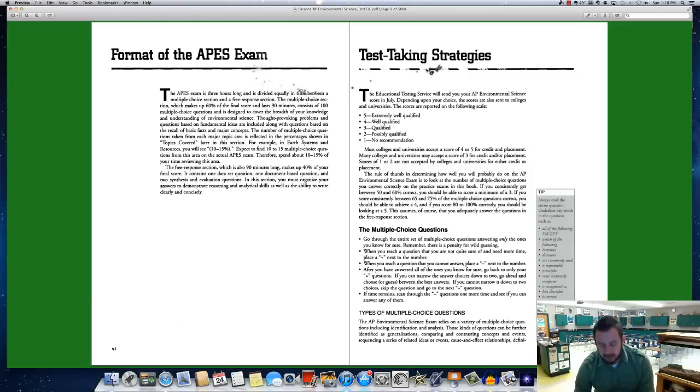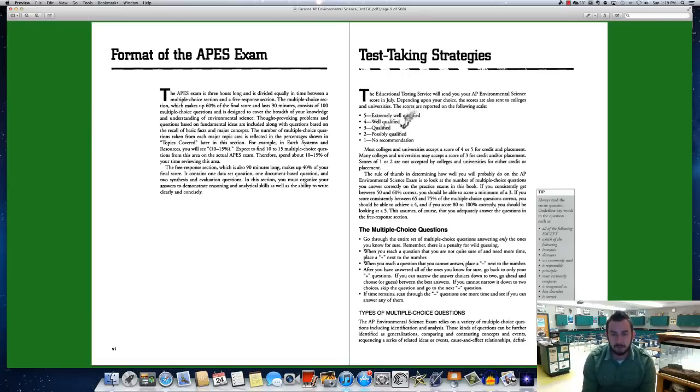Okay, test taking strategies. Let's take a look at some test taking strategies. First of all, this is how the scores work. The 5 is extremely well qualified. That usually gets you into elite colleges, or at least the credit will be given to you at those elite colleges. Number 4 is well qualified.